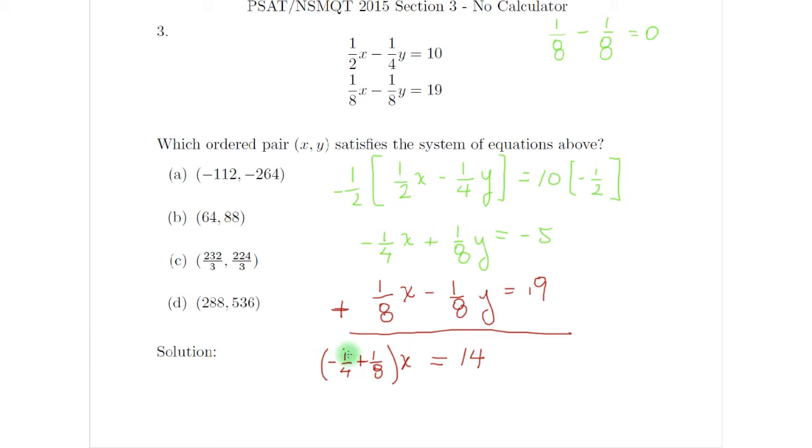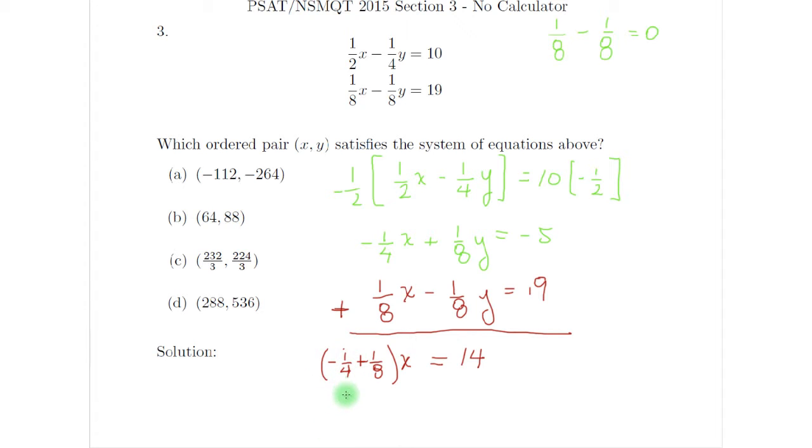Okay, so let's add negative 1/4 plus 1/8. We need a common denominator. What is the common denominator between 4 and 8? It's just 8. We just have to multiply 4 by 2. So it's going to be 2 over 2, because you can't just multiply by 2, but if you multiply by 2 over 2, that's equal to 1.